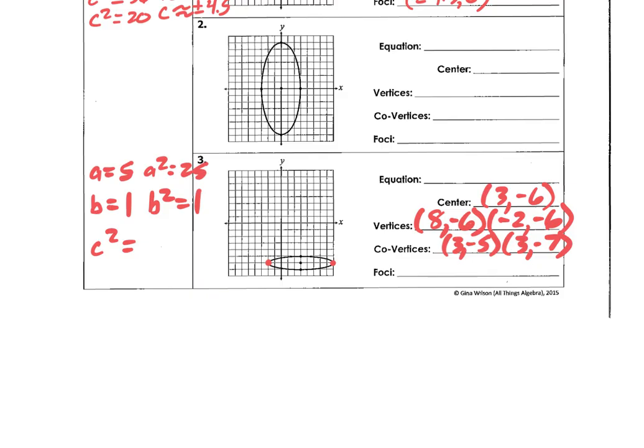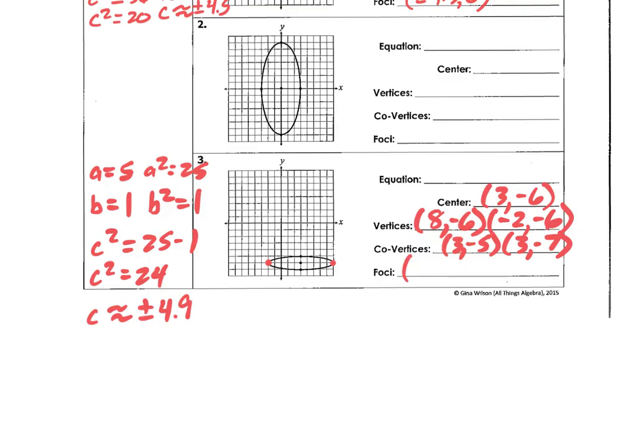Foci, 25 minus 1. So that's going to be almost 5, about 4.9.